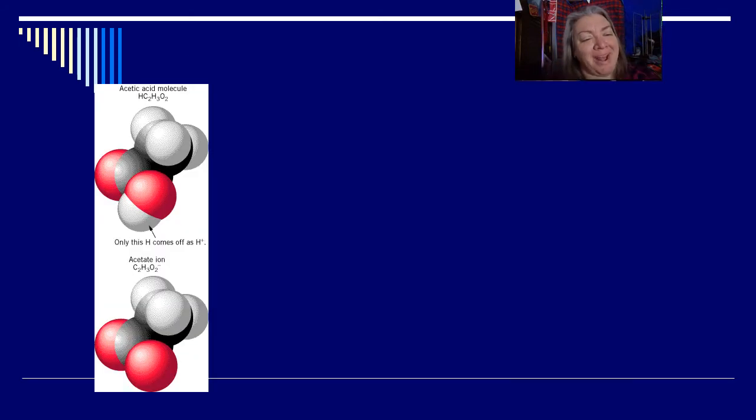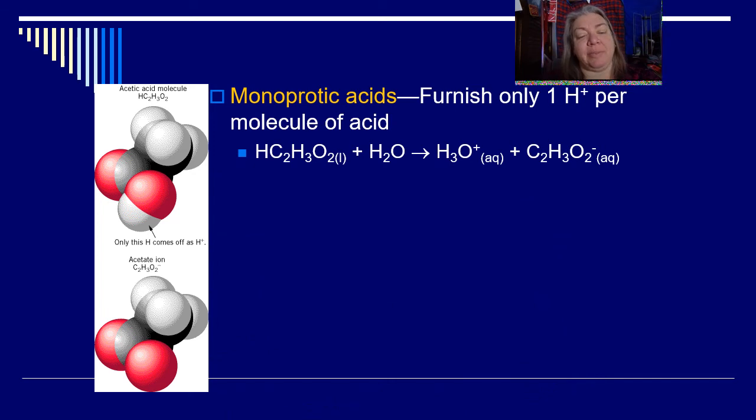Well, you might ask, how many hydrogens will it react with? Well, that's all based in the name. So we have something called monoprotic acids. Monoprotic acids furnish just one hydrogen per molecule of the acid. An example of that is acetic acid. This is also the one that's shown over to the side. Now notice acetic acid is written really weird.